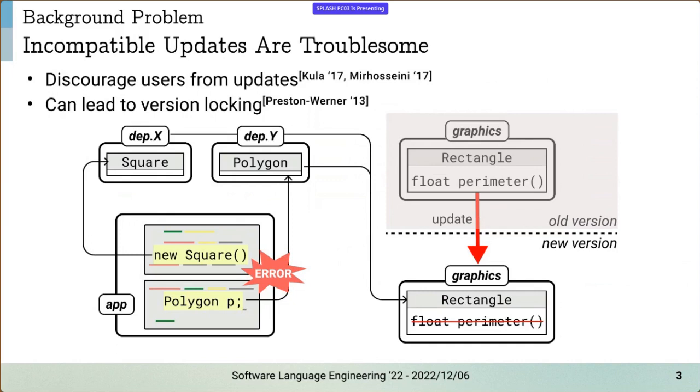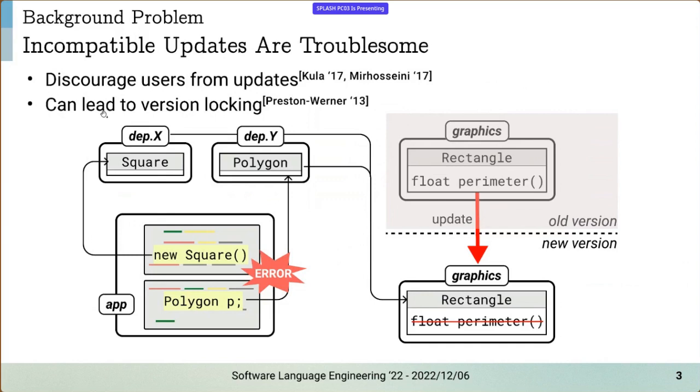In that case, even if we try to do something from our own program, for example, have both our direct dependencies use the same version of our indirect dependency, the problem might still happen. But in that case, we don't really have any access to those direct dependencies to even fix the problem that we have. So these indirect dependencies that we don't have control of can lead to some form of version locking to our own program.